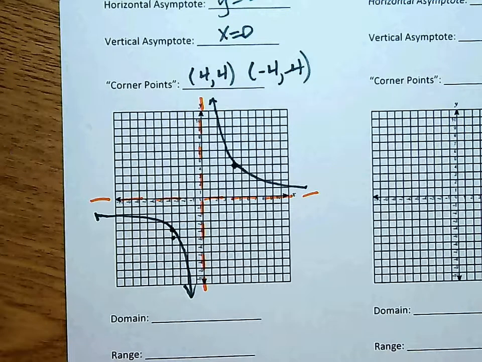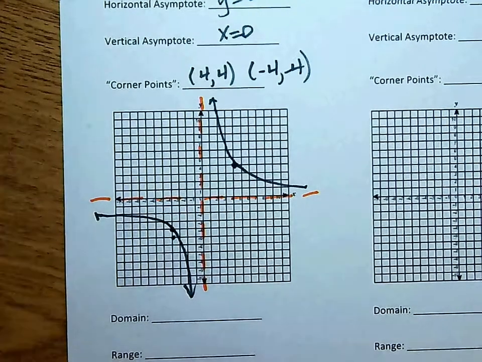Don't make it look like a bird, okay? I don't want to see birds and buttons. Okay, so it's a smooth curve, right?